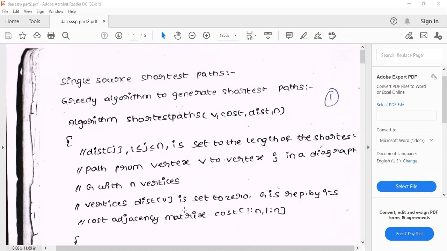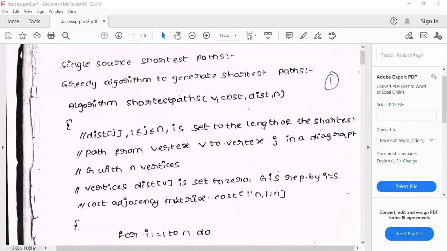Next, G is represented by its cost adjacency matrix, cost 1 colon n and 1 colon n.